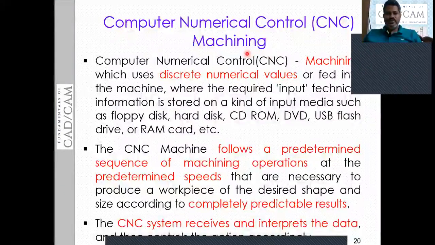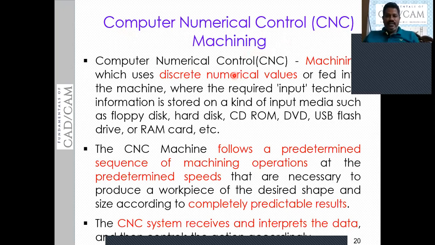Now we have discussed the numerical control machine, its classification, its control systems, feedback control systems, positioning control systems, its advantages, limitations, its applications. But those contents are related to the numerical control machine, which means it is hardwired, hardware based.